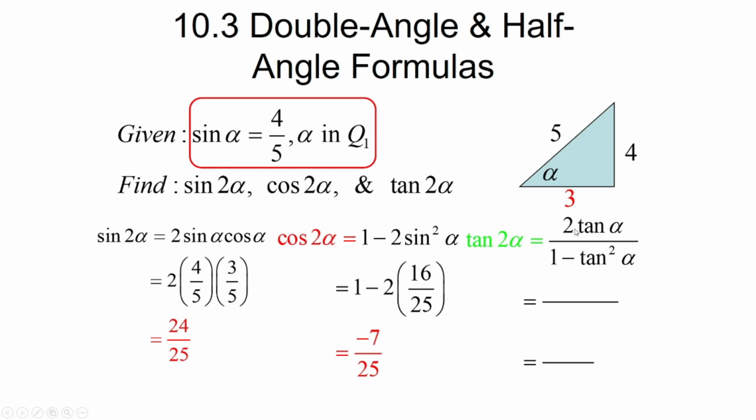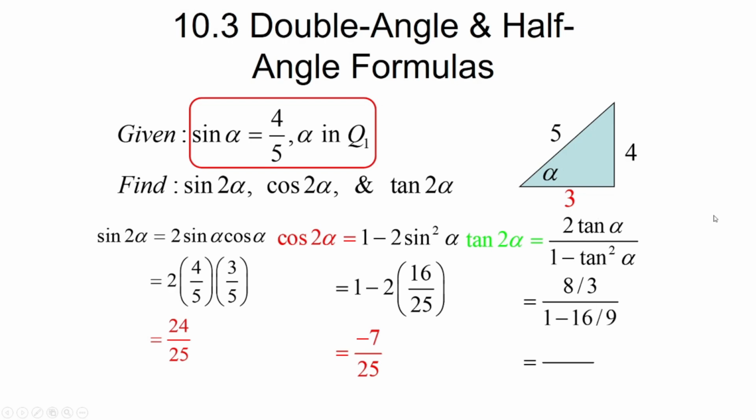So I'm picturing the 2 times tangent of alpha, and isn't tangent opposite to adjacent? So 2 times 4/3 would be 8/3. All right, I hope I didn't skip a step on this one. Let's go 1 minus. Yeah, I didn't. And then I've got to take that tangent of alpha and square it. So 4/3 squared would be 16/9.